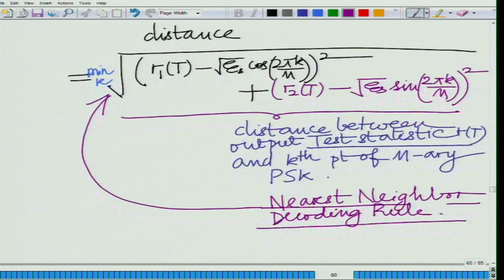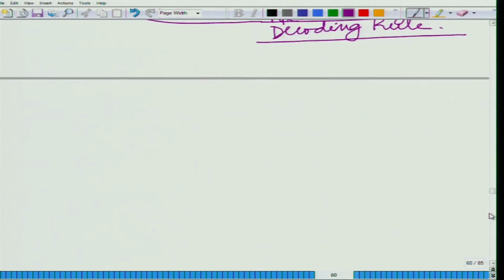Now, what we have to do is look at the bit error rate for M-ary PSK.